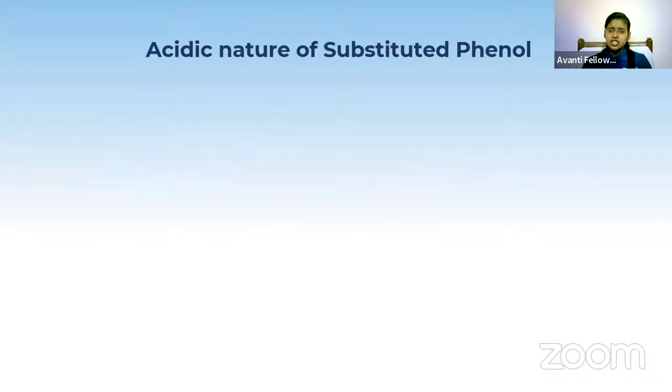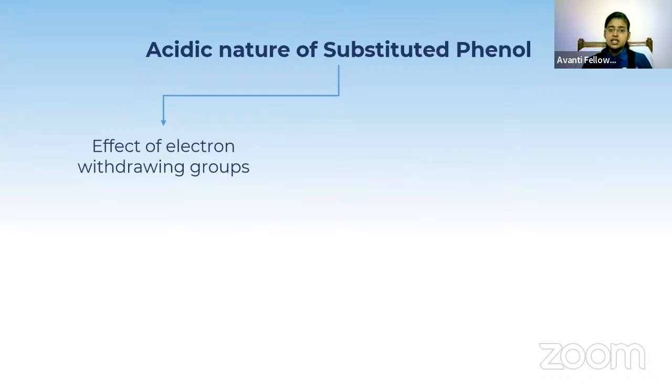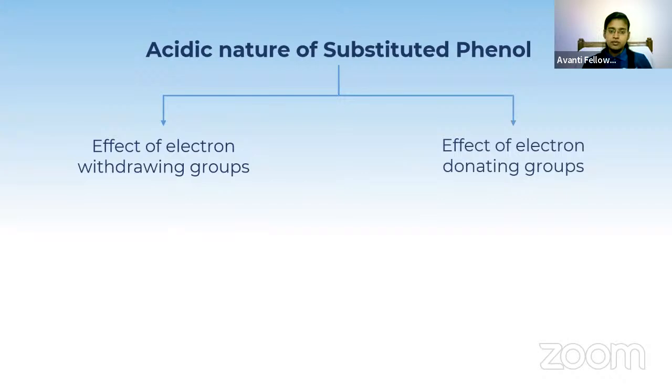What if some substitution is there on the phenol? So we can have two different types of substituents on phenol. One is electron withdrawing group and the other one is electron donating group. So what are the electron withdrawing groups and what is the effect of having them on the ring? First of all, the list is NO2, COOH, CHO, and CN.